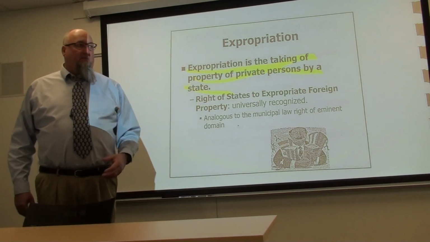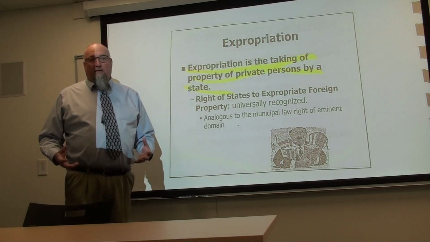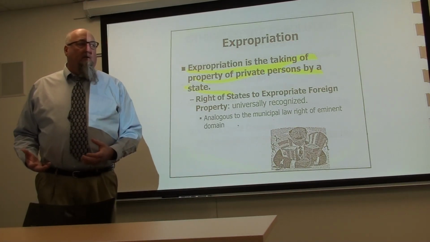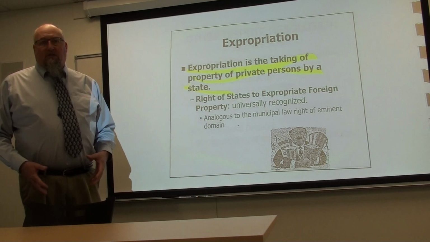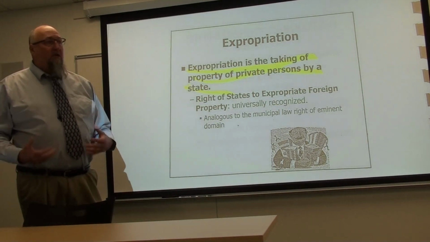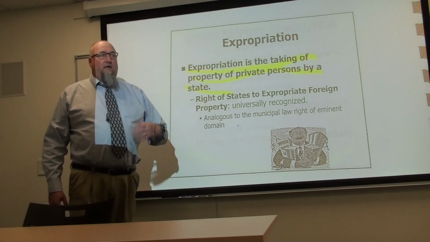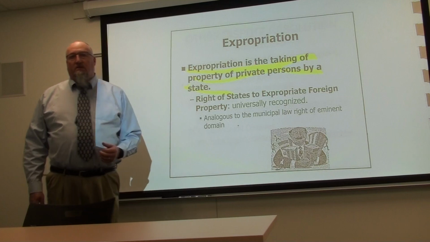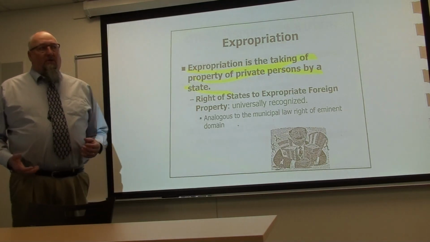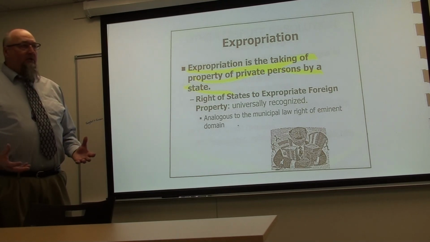In that type of circumstance, if my property is taken, I do have the ability to fight, primarily not over the condemnation itself, but over the value that is being offered to compensate for the taking of my property. And again, that's under the Fifth Amendment of the U.S. Constitution. It's called the Takings Clause. So we have an analogous right under international law.